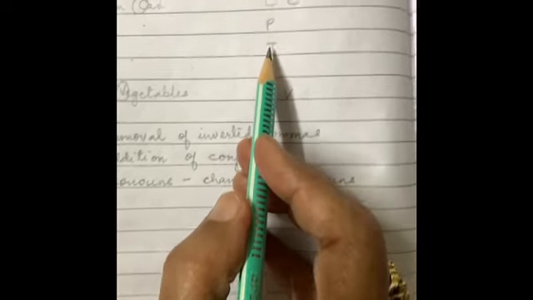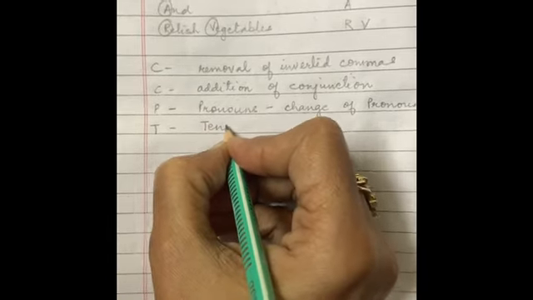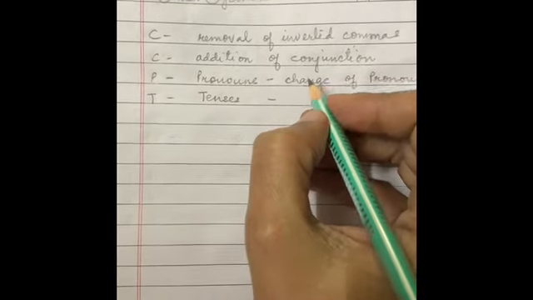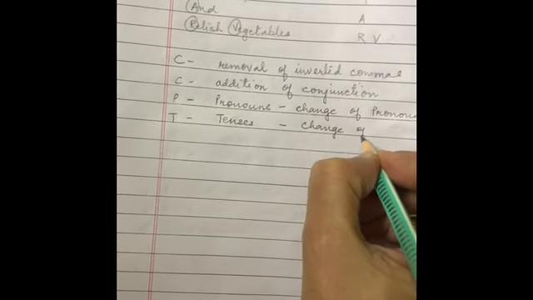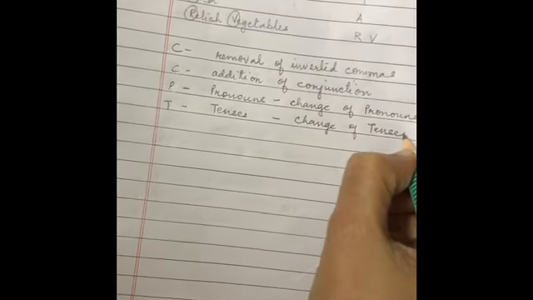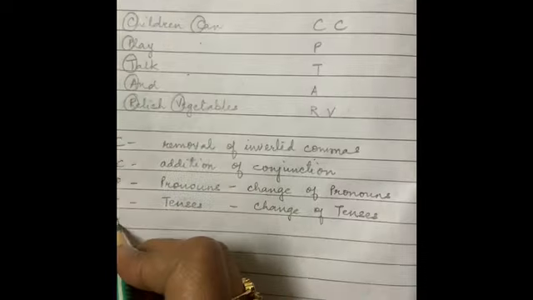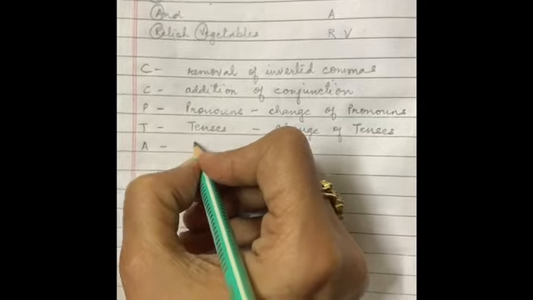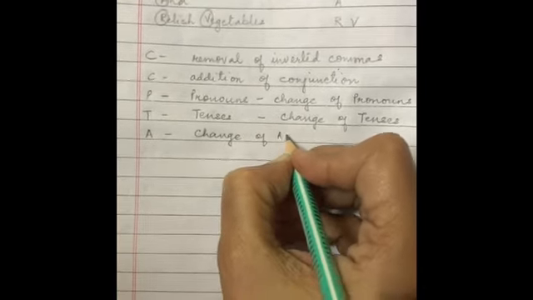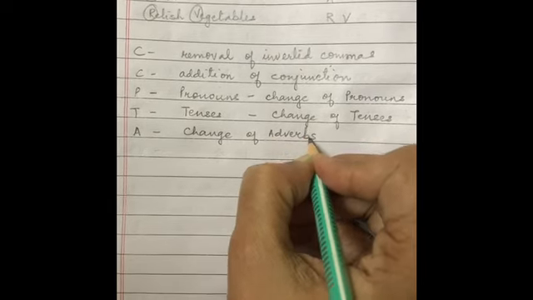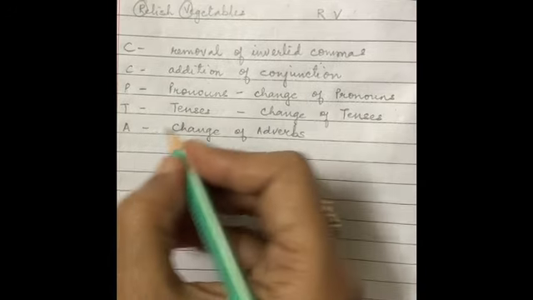Next is T. This T stands for tenses. Change of tenses. Then comes A. Change of adverbs or the nearing words.